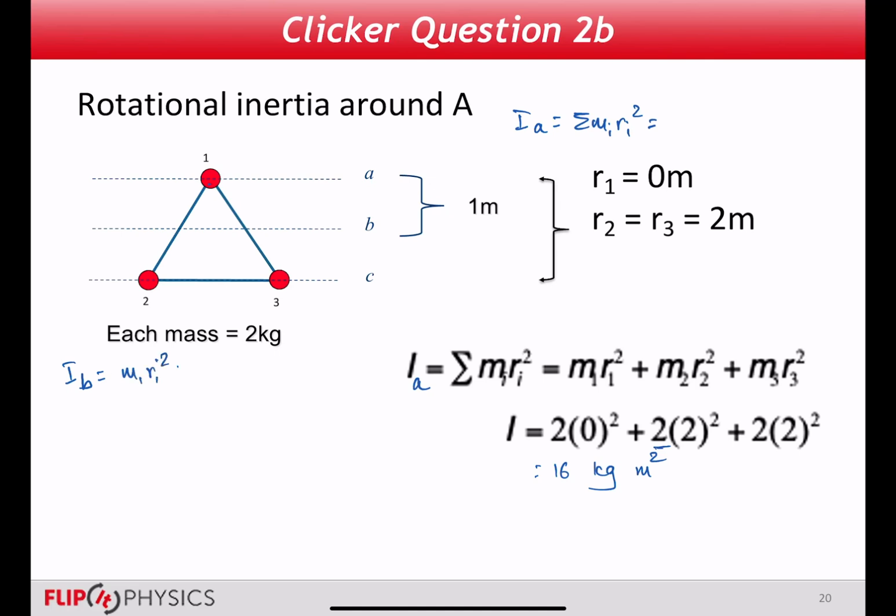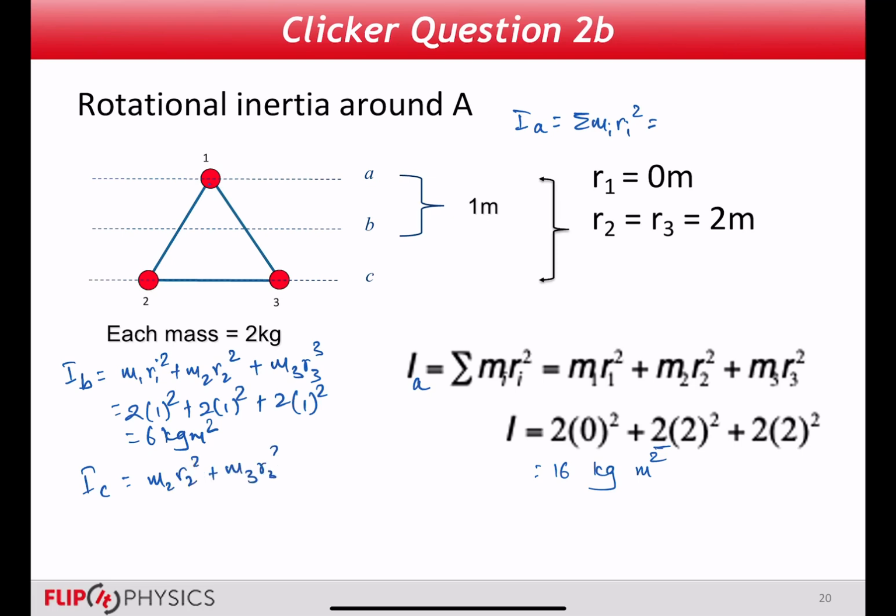m1 r1 squared plus m2 r2 squared plus m3 r3 squared. So that would be 2 times 1 squared, the same thing, 2 times 1 squared plus 2 times 1 squared, so that gives you 6 kilogram meter squared. I around C is m2 r2 squared plus m3 r3 squared plus m1 r1 squared.